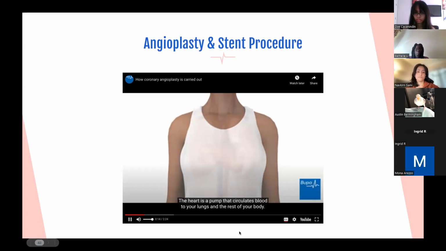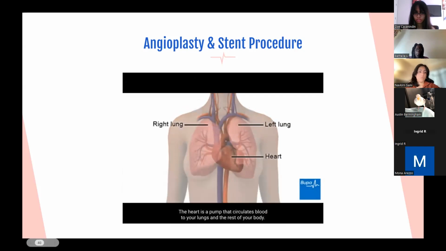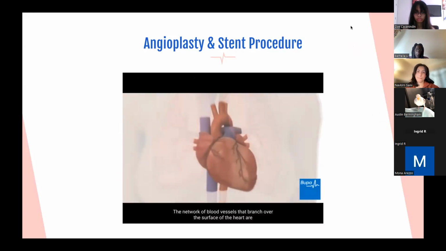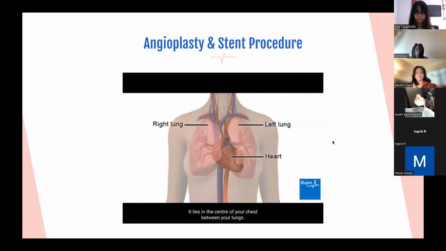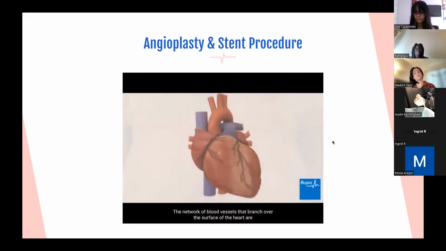The heart is a pump that circulates blood to your lungs and the rest of your body. It lies in the center of your chest, between your lungs. The network of blood vessels that branch over the surface of the heart are the coronary arteries.